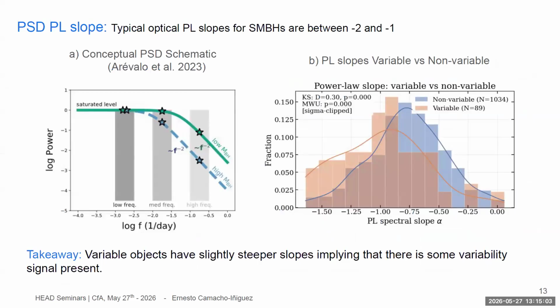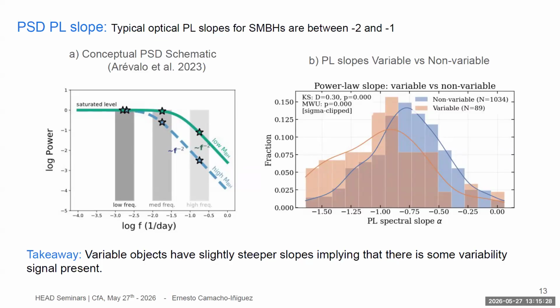Typically, the conceptual PSD schematic is shown in the left plot here, where you have a saturated level for lower frequencies, and for high frequencies, the power spectrum is expected to behave as frequency to the -2. We expect, as it is known for supermassive black holes, power slope values between -2 and -1.